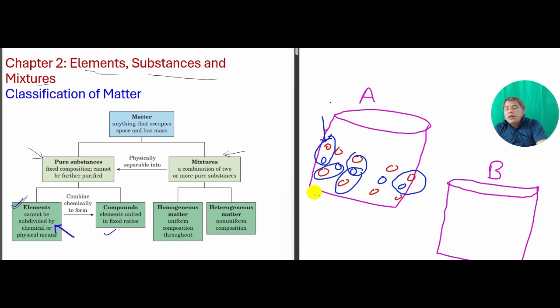From that sample you pick out something, some 1 gram or 2 grams, and if you find the constituents, for example this corner 1 red, 1 blue, this corner also 1 red, 1 blue, wherever you select the sample, every place you find the same composition.